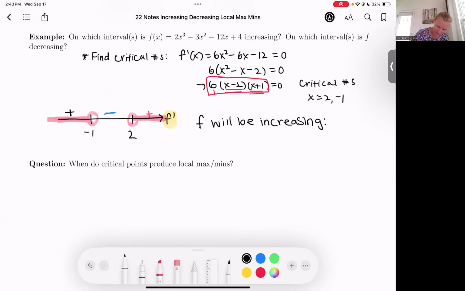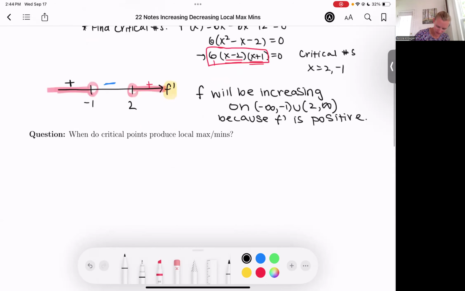Okay, so f will be increasing on the interval from -infinity to -1 and on the interval from 2 to infinity. Okay, notice I'm putting curly or not square brackets at -1 and 2 because we're not including -1 and 2. And this is, if I wanted to justify my answer, this is because f prime is positive. So the function is increasing when the derivative is positive.